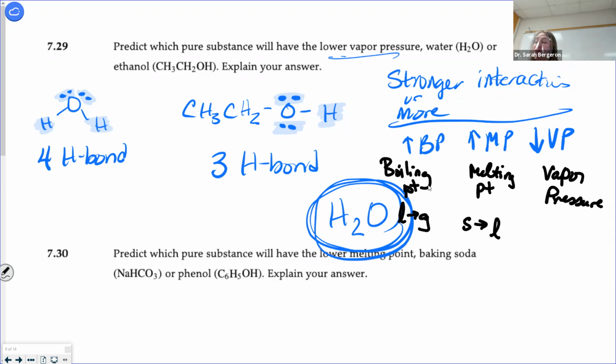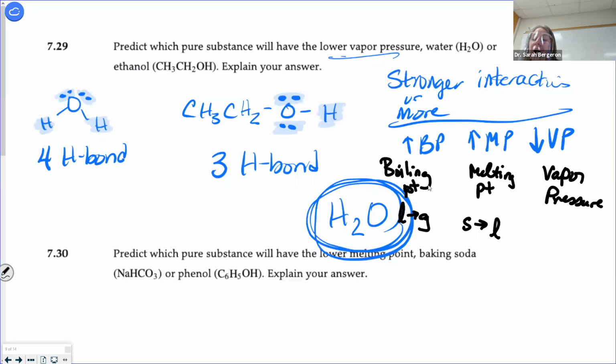So you have to think about, what is vapor pressure? Well, when liquids turn into gases in a closed container, those gases exert a force on the liquid and on the sides of the container. So the more stuff that turns into a gas, the higher the pressure. So this is why it's opposite. If you have a high boiling point, that means it takes a lot to get it to turn into a gas. We're going to conversely have a very low vapor pressure because not a lot of it is in the gaseous state.